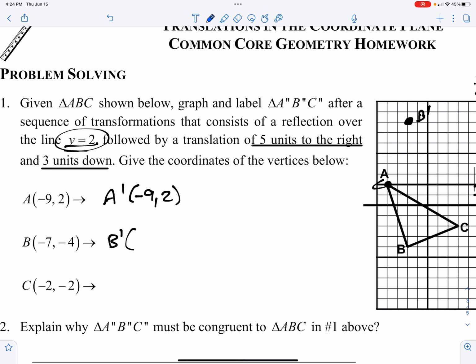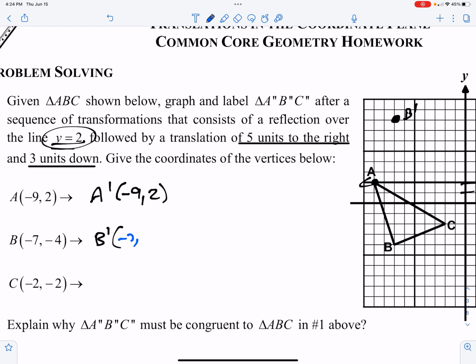So that point would be still negative 7, but I'm going to add 6 and 6, which gives me 12 above negative 4, which is 8. That point right there is negative 7, 8.